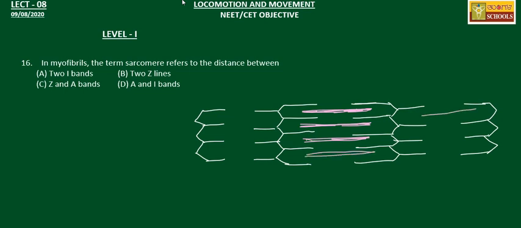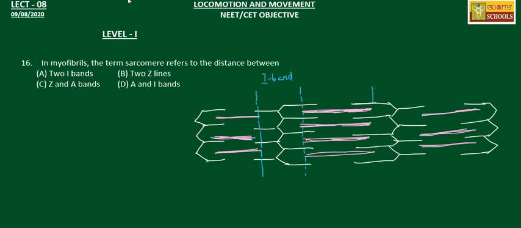So actin and this is myosin. So here too we have the myosin. Right now this line, so here we see this is the one where only actin filaments are present, this is called the I band.